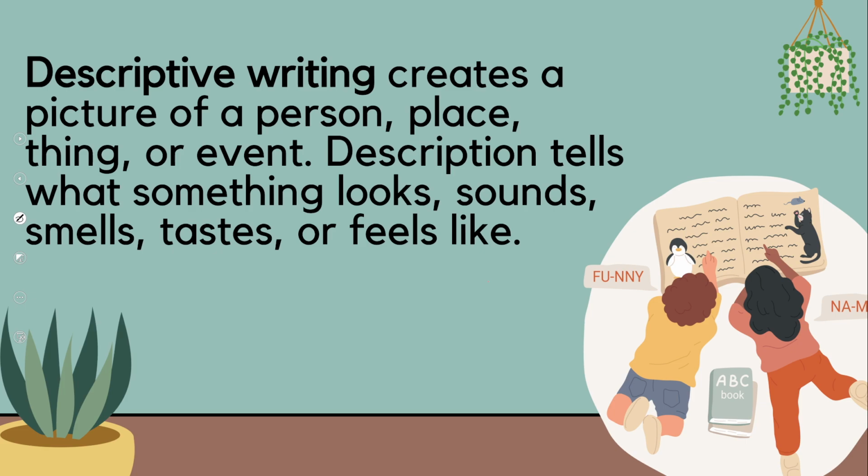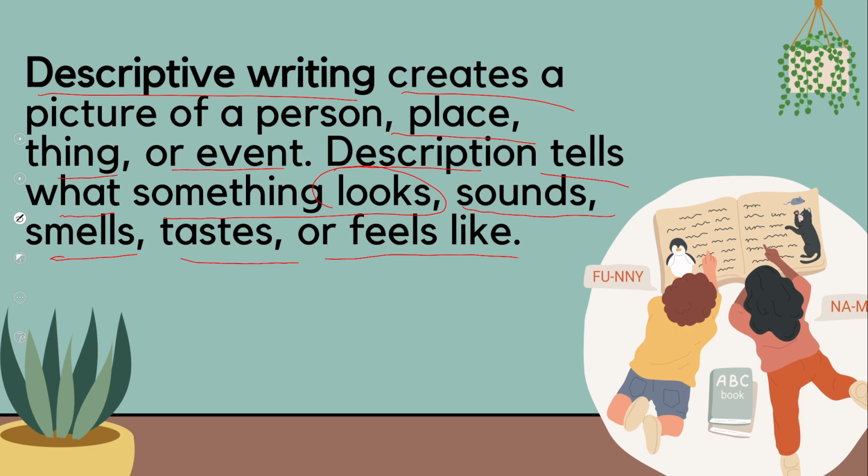Now, my dear learners, let's talk about descriptive writing. So, descriptive writing creates a picture of a person, place, thing or event. Description tells what something looks, sounds, smells, tastes or feels like.